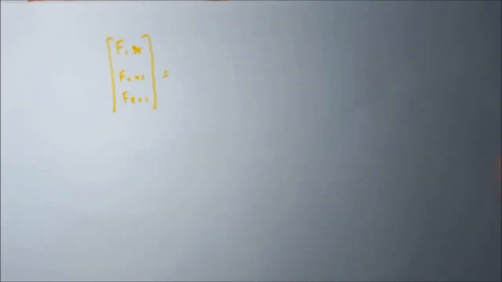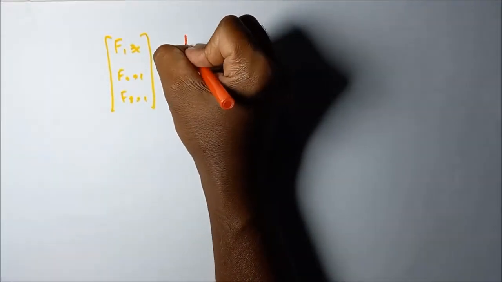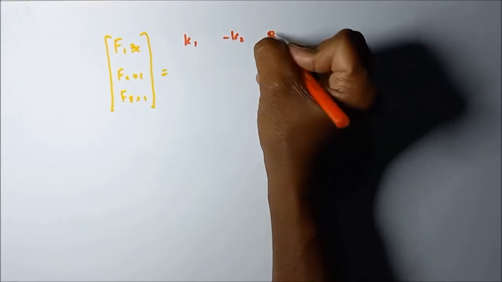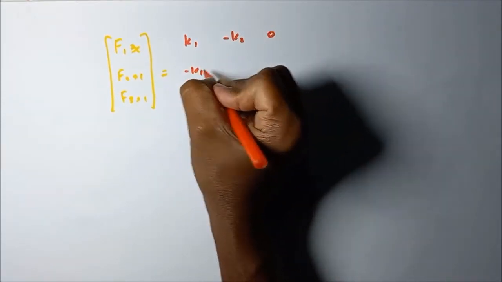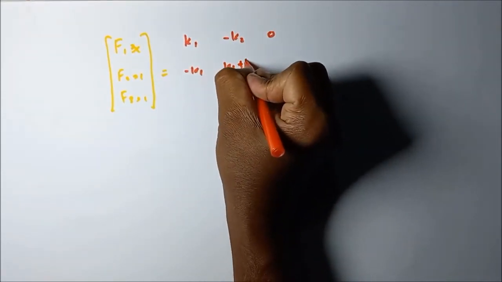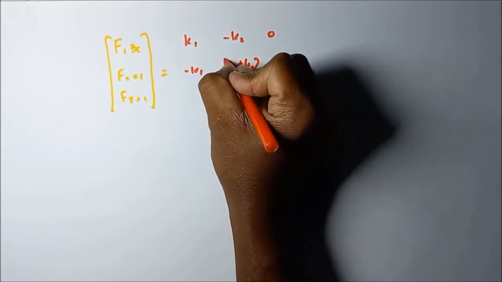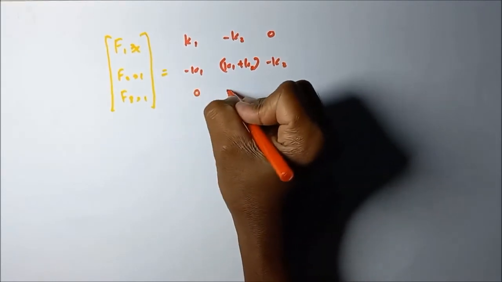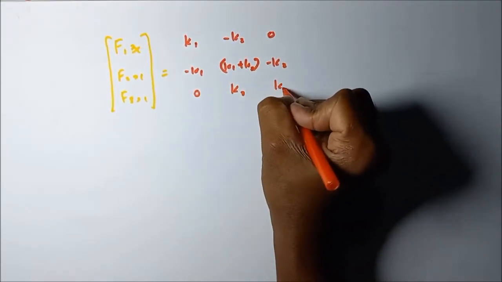Then the global stiffness matrix: k1 minus k1 0, minus k1 k1 plus k2 minus k2, 0 minus k2 k2.